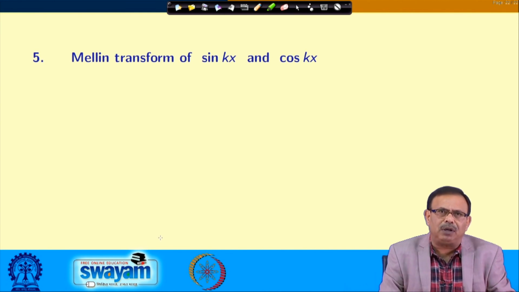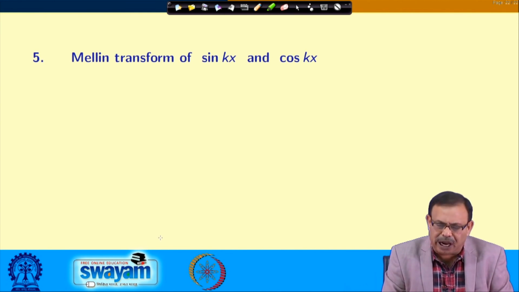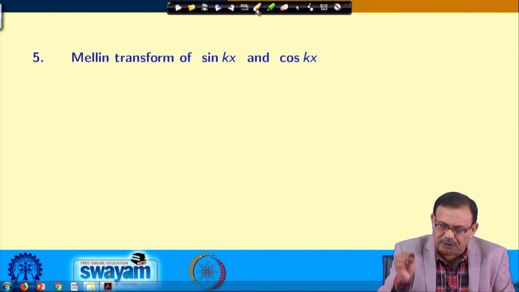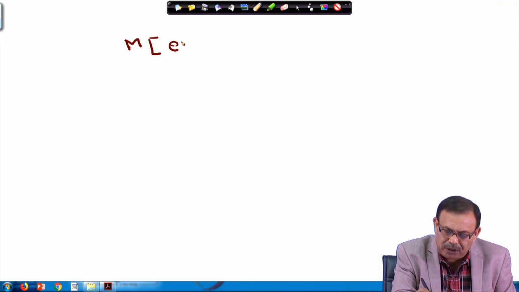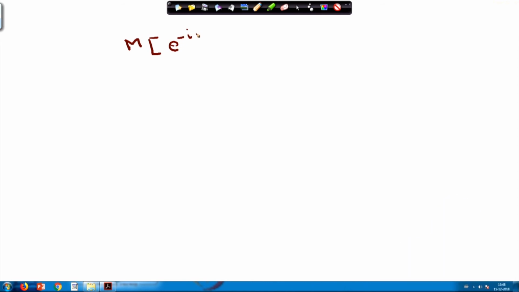Now, we want to find out the Mellin transform of sin k x and cos k x, say. From the first problem, if you remember, we have done this: the Mellin transform of e power minus i k x. From problem 1 we have already done, this is gamma s by i k whole to the power s.